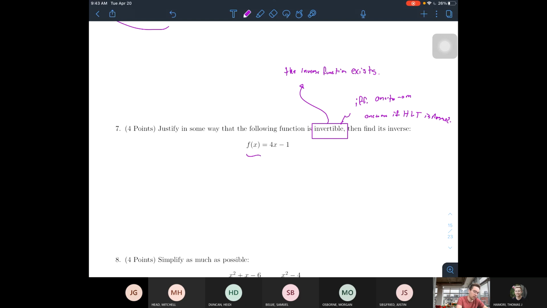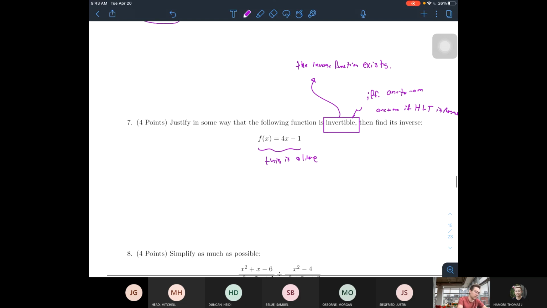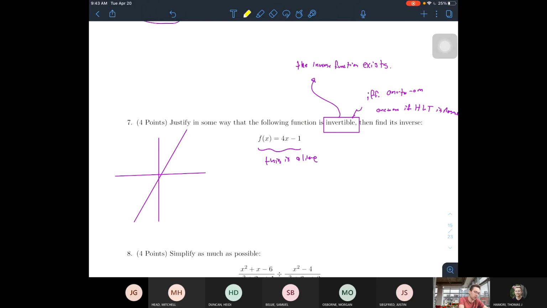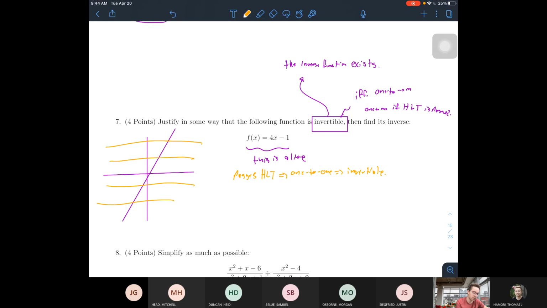I would say this is a line, and I'd draw a little graph of it. 4x minus 1 looks like this, and I would say it passes the horizontal line test, which implies that the function is 1-to-1, which implies that the function is invertible, i.e. the inverse function exists.